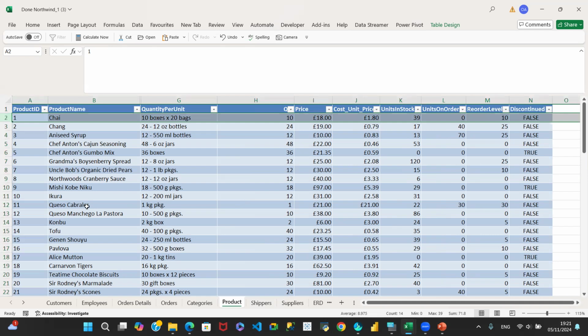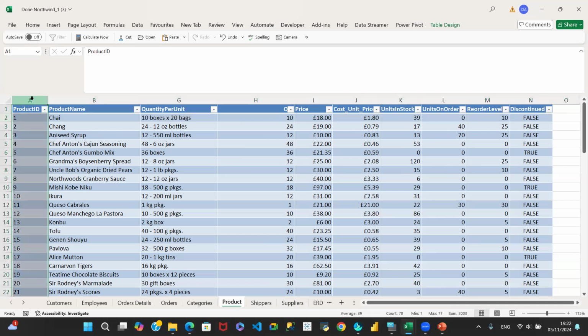On this particular product table, I'm expecting this Chai product name should be found just once with product ID 1. I shouldn't have another product ID 1 Chai on another row in this table. So the unique identifier, which is the primary key, is the product ID, and each ID has got the name.